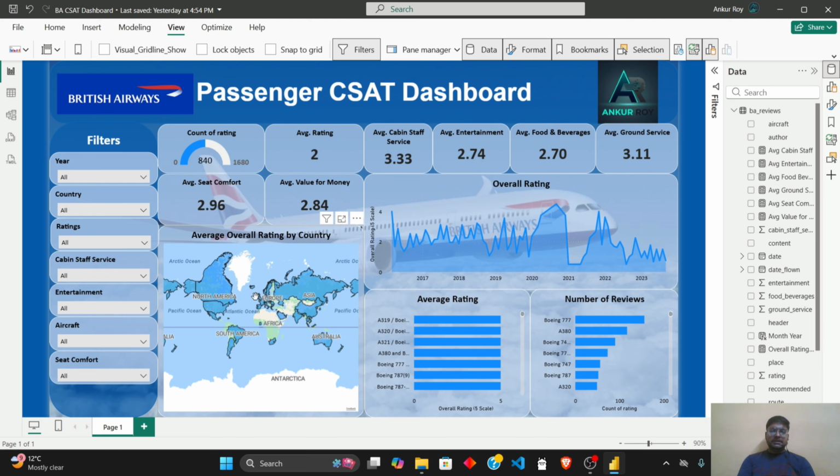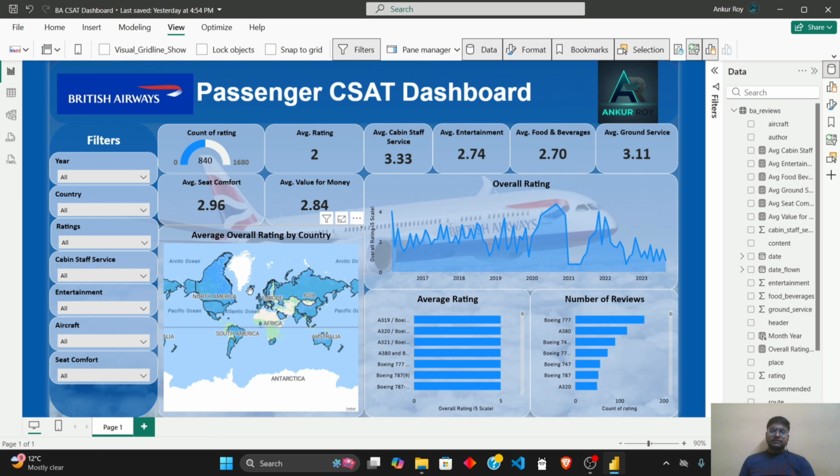This variation may be influenced by factors such as regional service execution, cultural expectations, route-specific operations, or airport infrastructure differences. For a strategic takeaway, British Airways can analyze high-performing regions to identify their best practices in service delivery. This successful approach can then be replicated in low-rated regions, helping improve consistency in passenger experience across the global network.